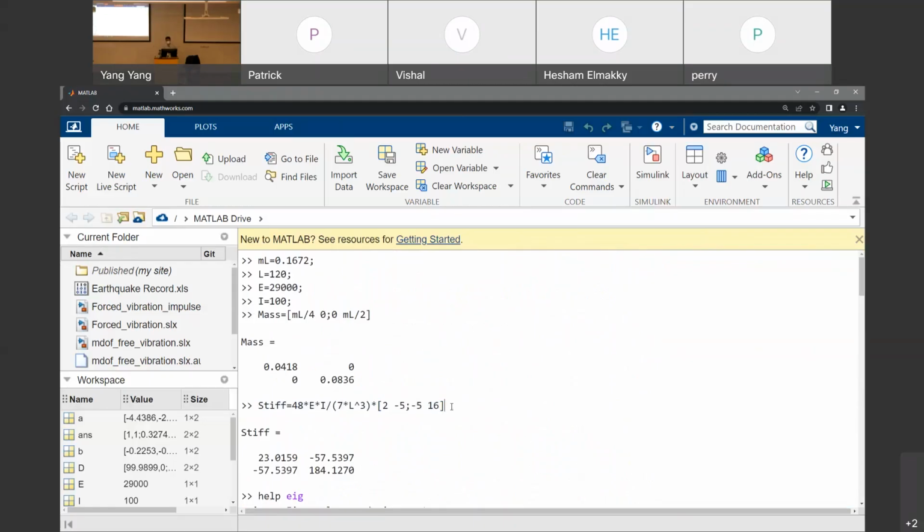That's based on the structural analysis. It will be given to you directly, because this course will not have you spend quite a while figuring out the stiffness matrix using the matrix method or displacement method. That would be too much work. In the exam, typically that will be given to you directly. Stiffness will be given, you say? Yes, the stiffness matrix will be given to you. Could it be given to us in a MATLAB file?